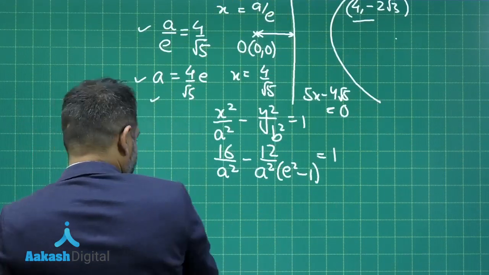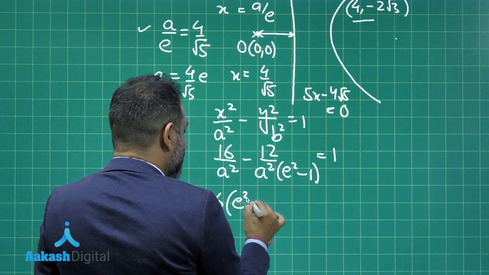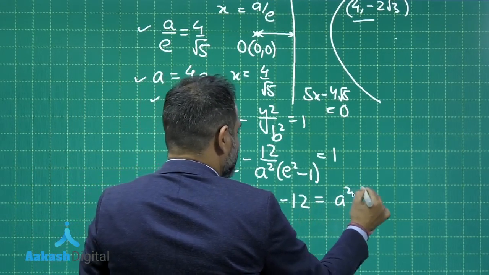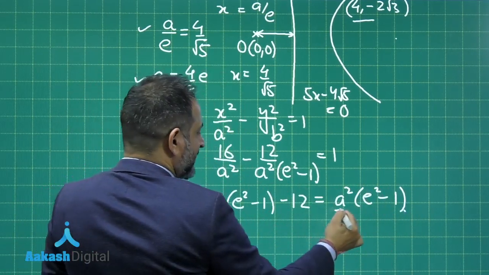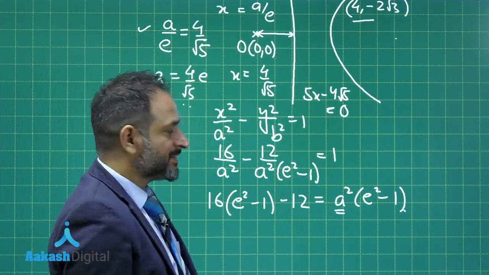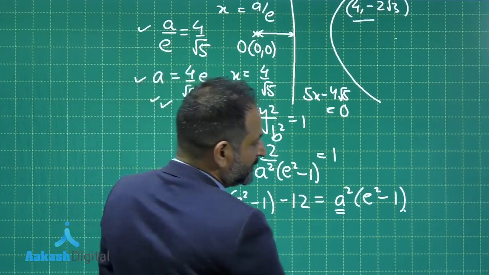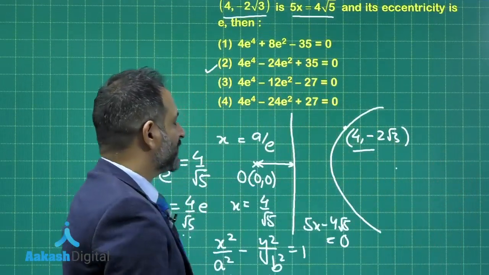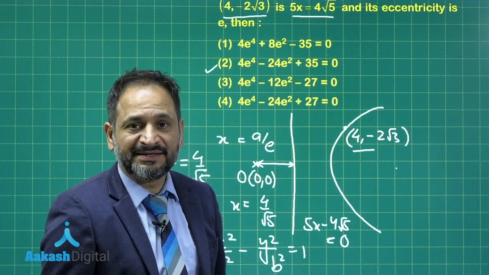From here you can see 16 into e square minus 1 minus 12 is equal to a square into e square minus 1. Now, finally, if you replace this a with 4 by root 5 into e, you will get an easy relation in terms of e, which is definitely equal to option number 2. So, finally, you will reach this relation in a few easier steps. Let us see the next problem.